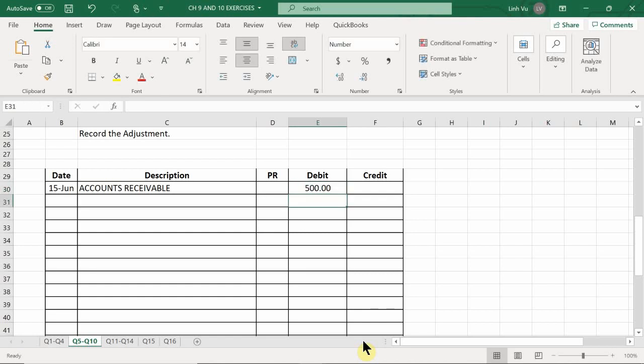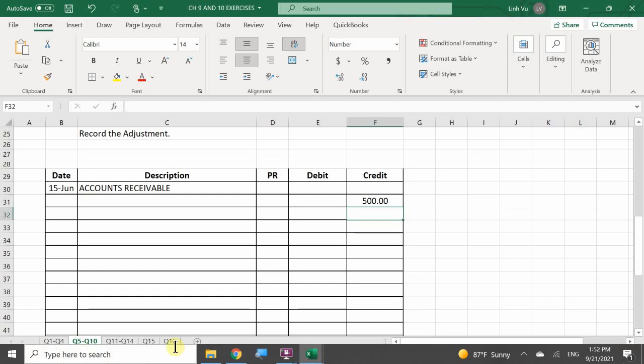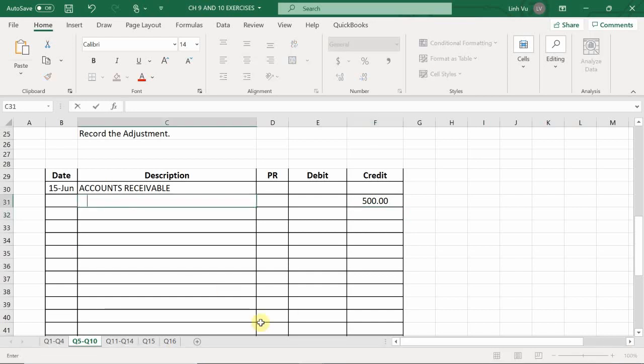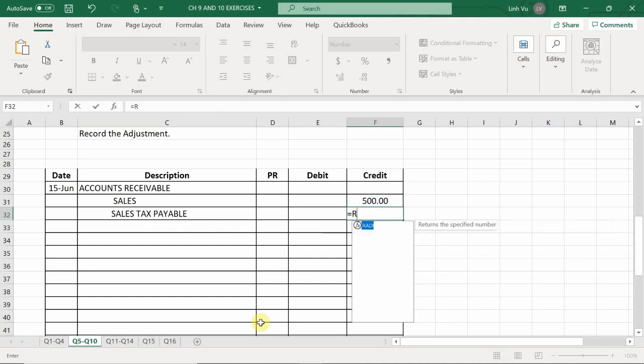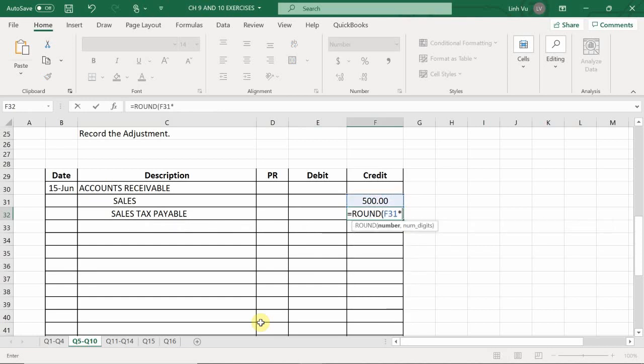So again, that doesn't go there. That's for sales. Sales was $500. We're going to record sales, and we're also going to record sales tax. That's going to be included. Sales tax is 8.25% of this, so I'm going to do an equal round, times 0.825, comma 2.